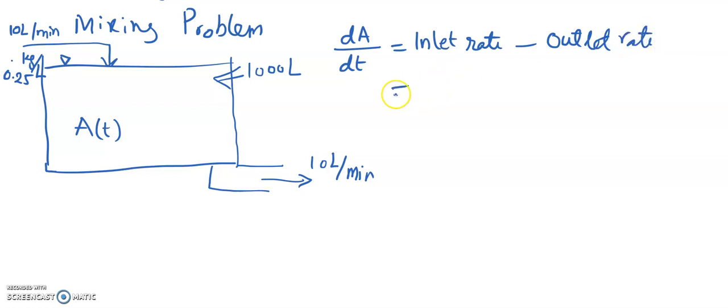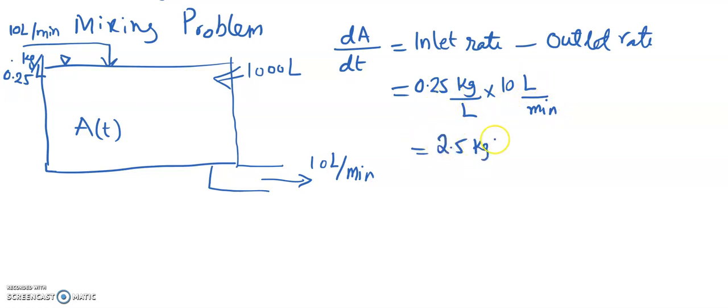So the inlet rate is 10 liters of brine times 0.25 kilograms, which means 0.25 kilogram per liter times 10 liters per minute. Liter cancels with liter, so it will be 2.5 kilograms per minute. Okay, so that's the units of the concentration of salt into the water.